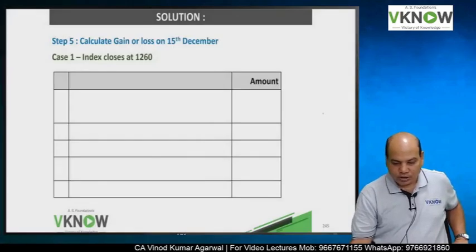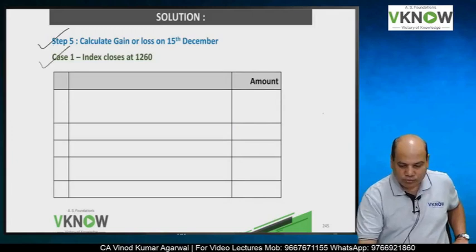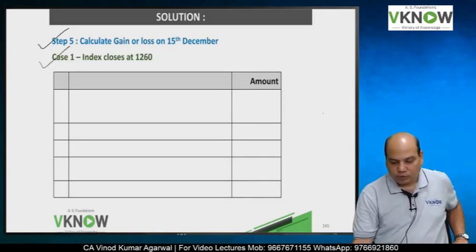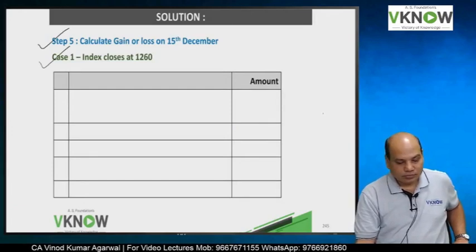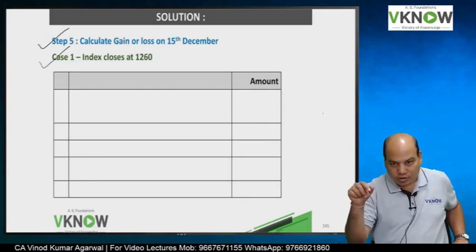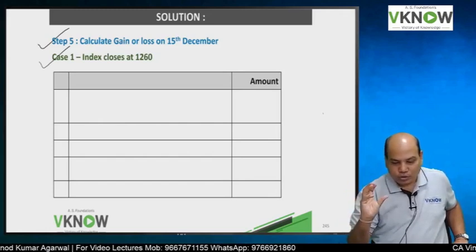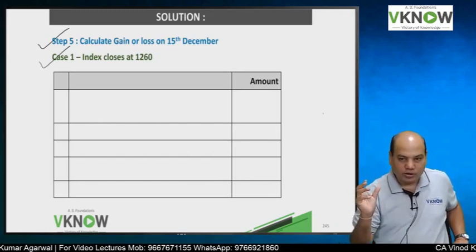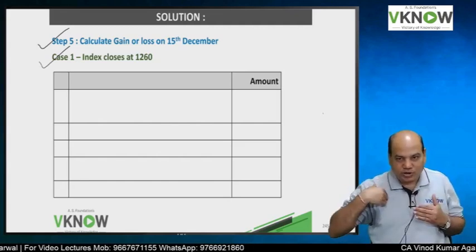But the important thing is, we have to ensure that we don't lose on 15 December when the index closes at 1260. We have taken a short position on index, but the index has gone up. So are we going to make a net gain or net loss? We will see, because I have 3 positions.